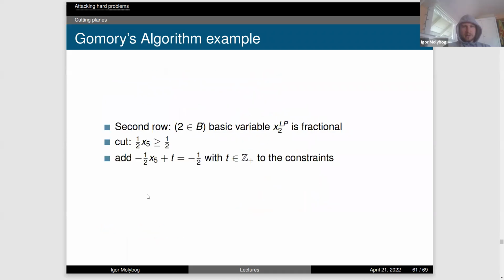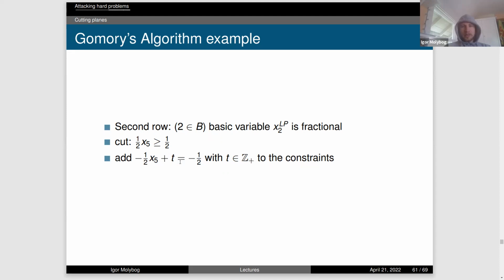So we pick the second row and the second variable, and we add a corresponding cut that can be easily written down as 1/2 of x5 is greater than or equal to 1/2. We are again reformulating this inequality constraint as an equality constraint and adding a new dummy variable to our LP together with the resulting equality constraint.